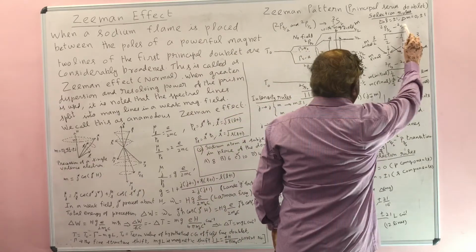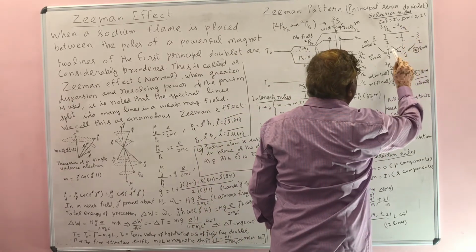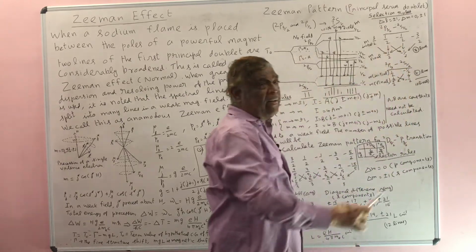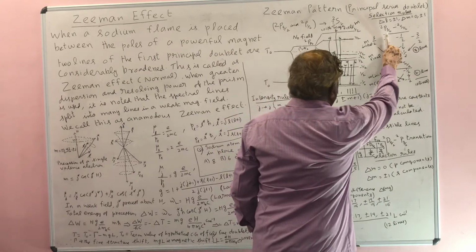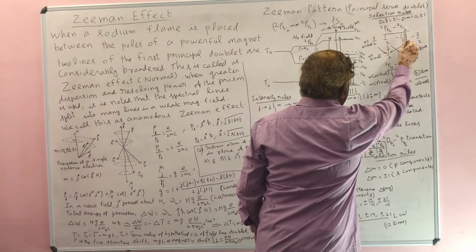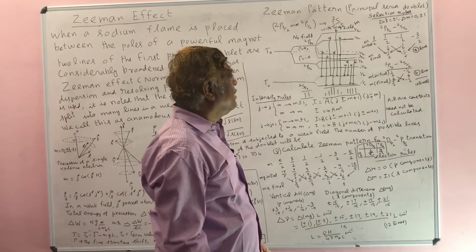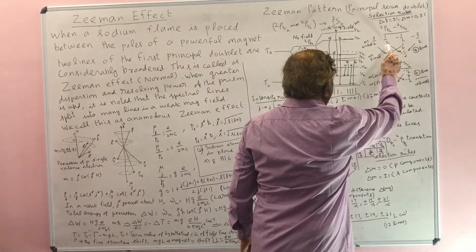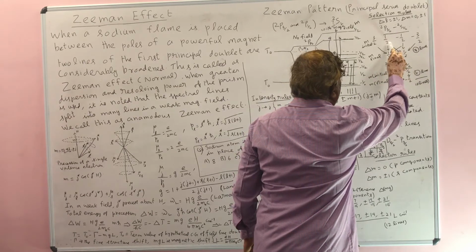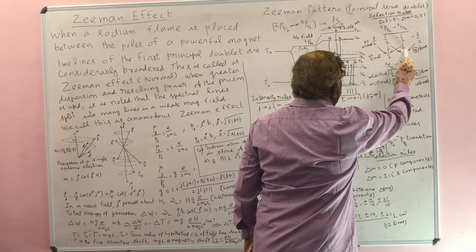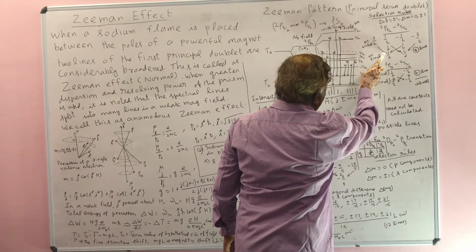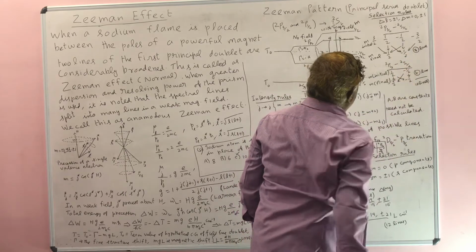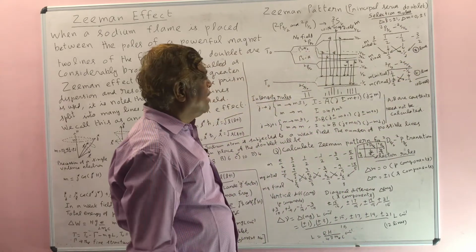For J equal to half, the M values are plus half and minus half, written in the same way in a column. Now you draw the vertical lines from here to here. There are 2 vertical lines and the diagonal lines: this is 1, this is 2, and this is 1, and this is 2. There are 4 diagonal lines.